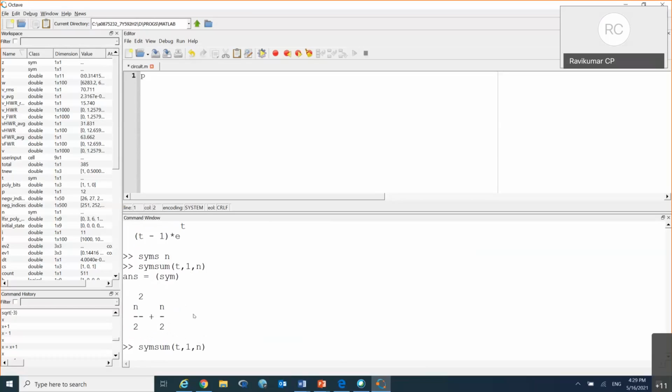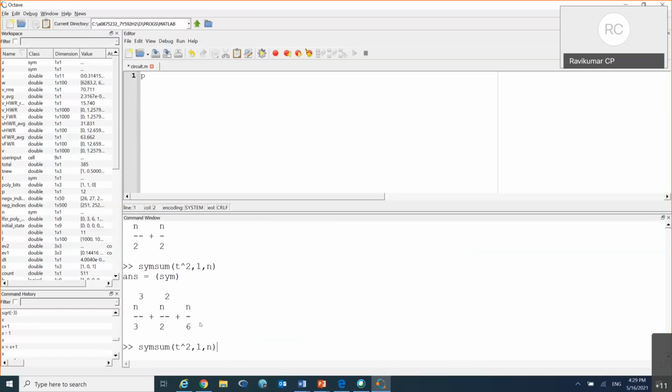Similarly, let us say we wanted to do t square. So this is the formula which we discussed today, early part. This is n into n plus 1 into 2n plus 1 divided by 6. It is just written in a slightly different form.